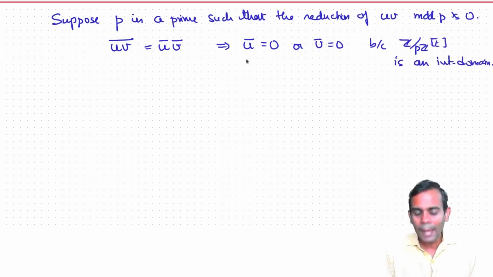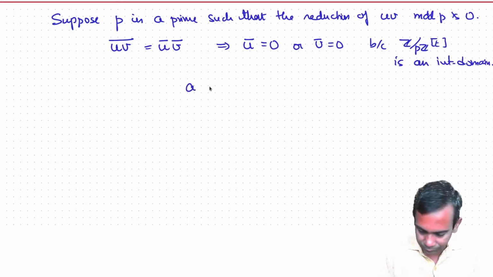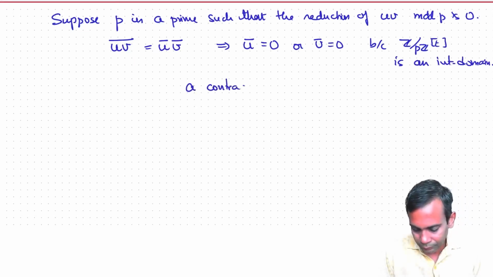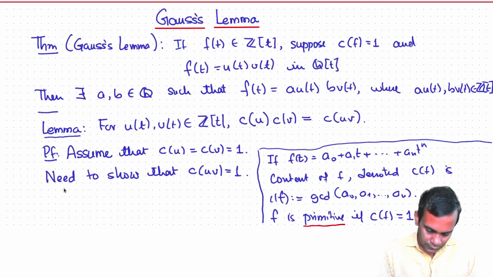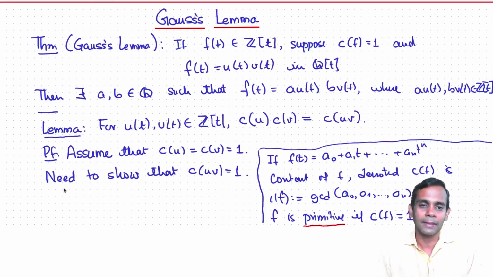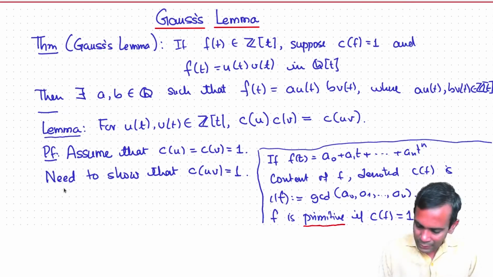But this cannot happen because we know that u and v are also primitive. Okay, so this concludes the proof of this lemma here, that the product of two primitive polynomials is again primitive. Now we are ready to prove Gauss's lemma, the main theorem of this lecture.